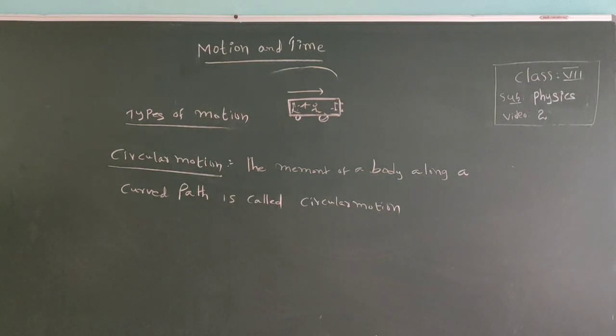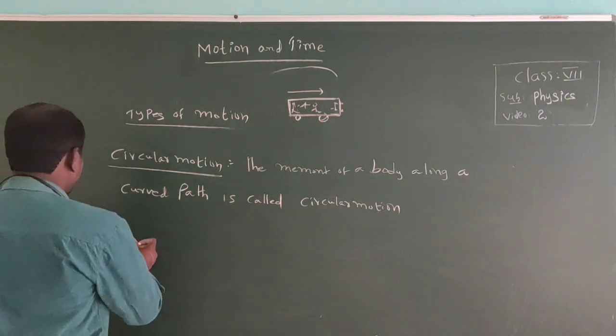Examples for circular motion now. The whirling of a stone tied to a string is an example of circular motion.